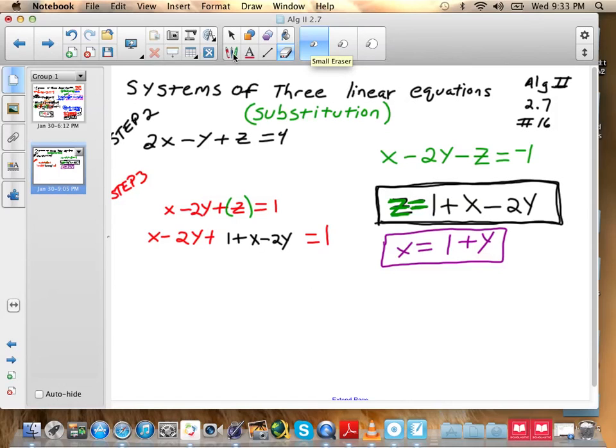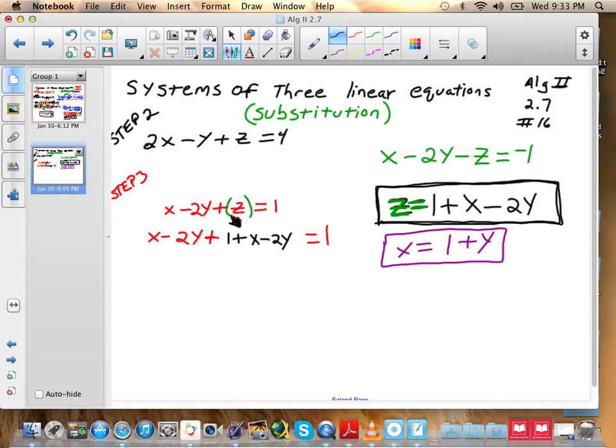Okay, just trying to get this cleaned up so you can follow it a little bit easier. All right, so now this is my new equation, right? The terms in black are in place of z. So this was z. This is the value of z.